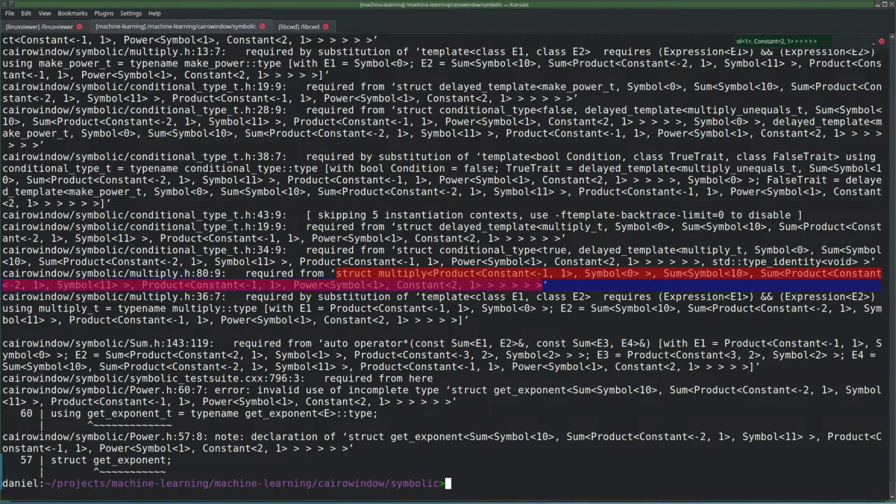And I'm starting to intercept it already here, the moment this multiply is being instantiated. That is then a multiply that has a product. The first argument is a product, and the second is not a product, it's a sum.